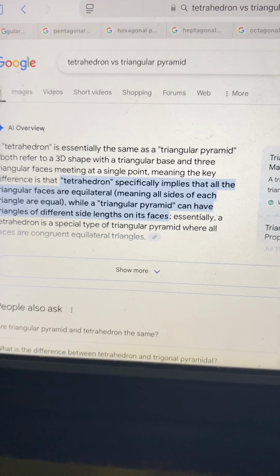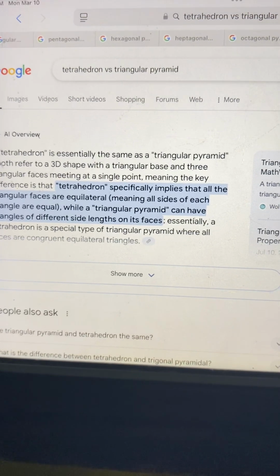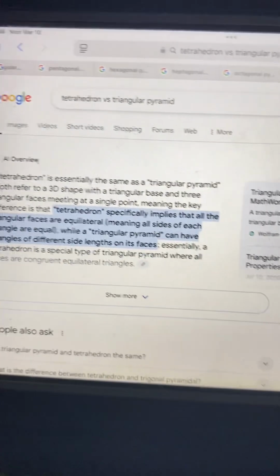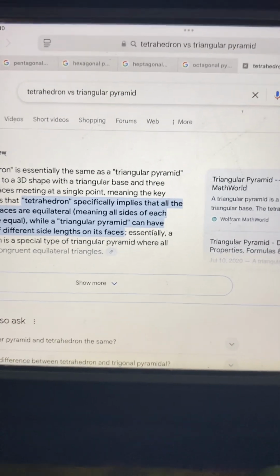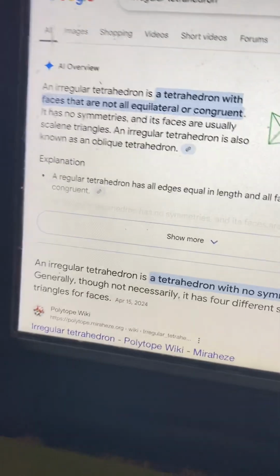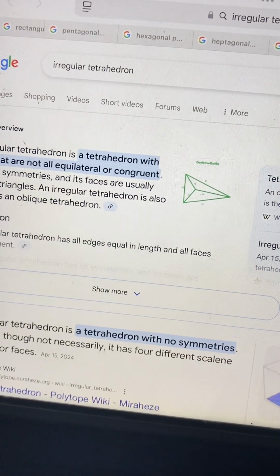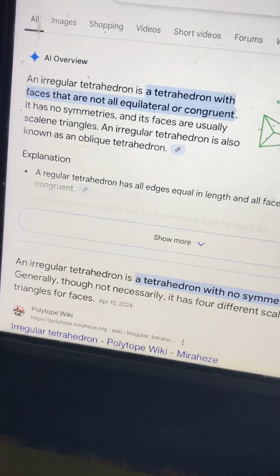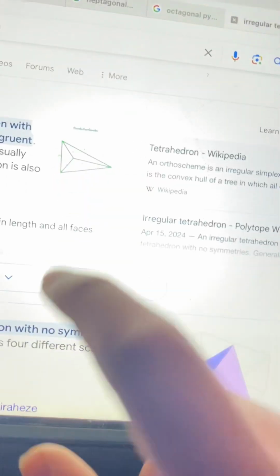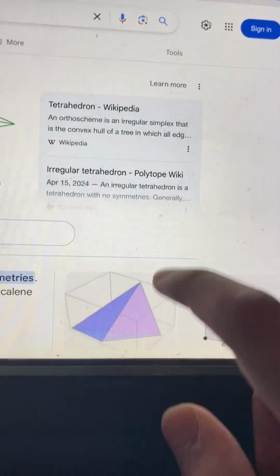But surprisingly, that does not mean that not all triangular pyramids are tetrahedrons, because a tetrahedron could also be irregular, in which case it does not have equilateral or congruent faces. An irregular tetrahedron is also known as an oblique tetrahedron, because as you can see here, it is not congruent or parallel.